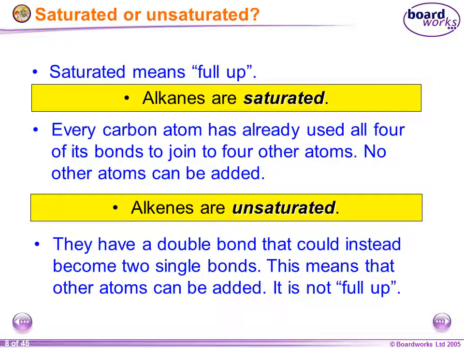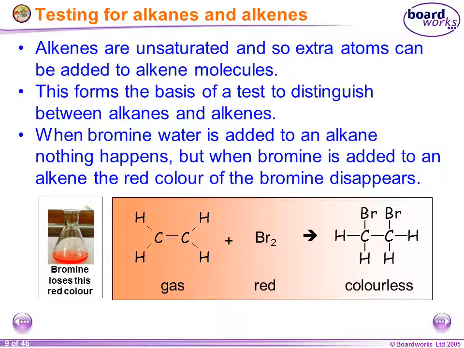You need to remember this distinction. Alkenes are unsaturated, and so extra atoms can be added to alkene molecules. This forms the basis of a test to distinguish between alkanes and alkenes, and this often comes up in the exam.